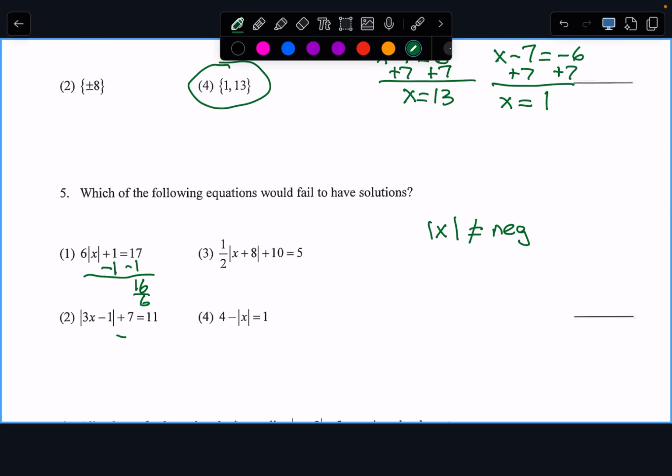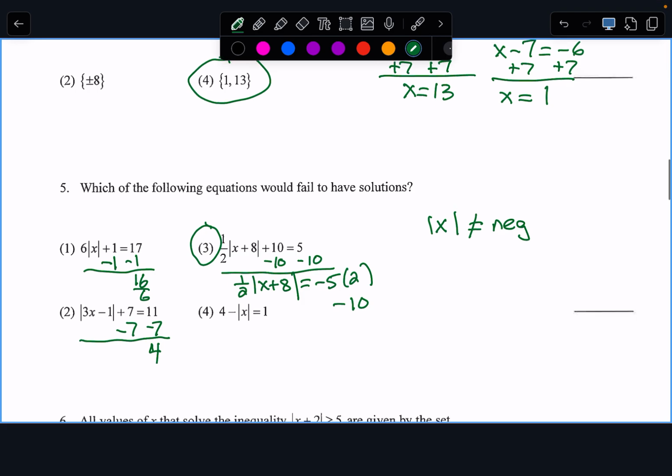This one here, if I subtract 7, this is 4, that's a positive number. This one here is minus 10, right? So you have 1/2 the absolute value of x plus 8 is equal to negative 5. Is that a negative? And then I multiply by 2. That's also negative 10, right? So this is the one that fails to have a solution.